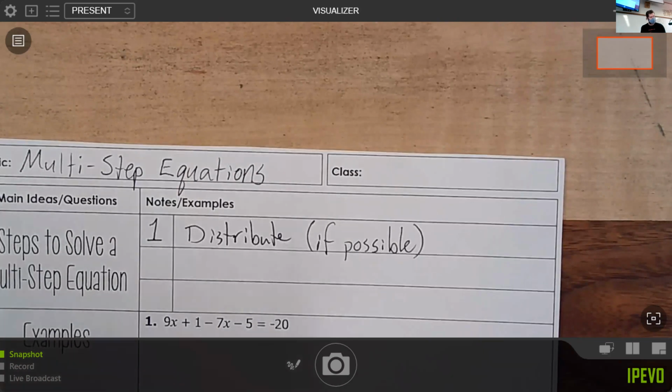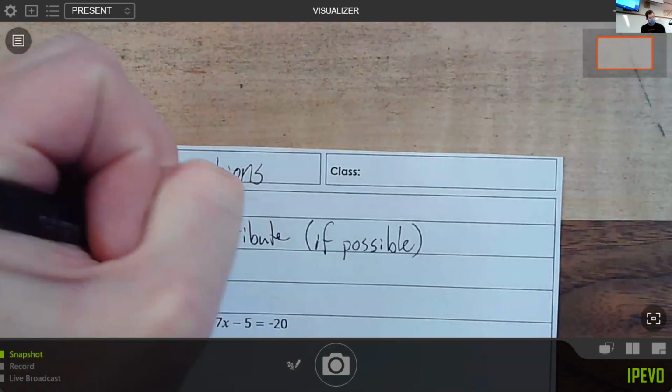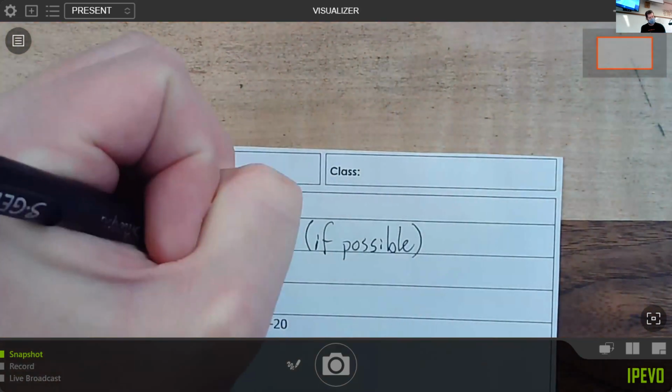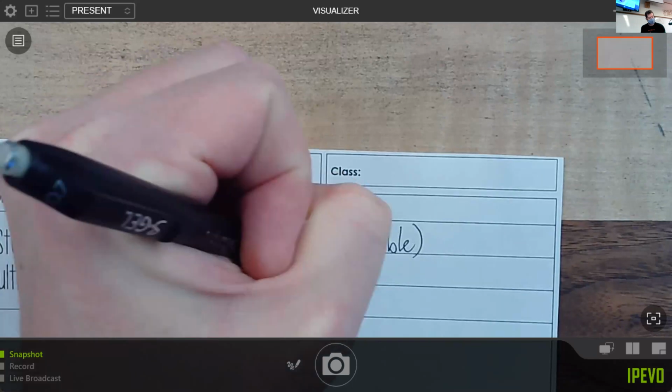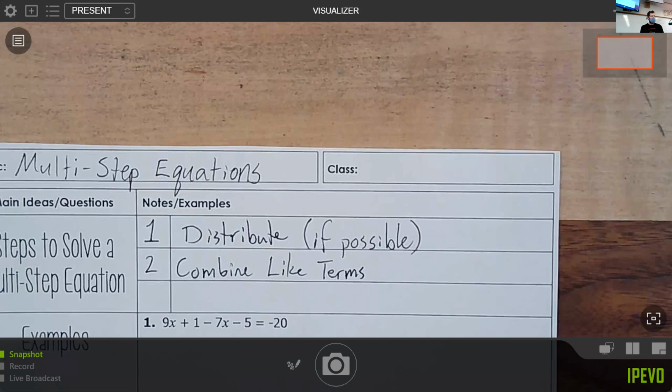After that, step 2 is to combine like terms. So we'll go ahead and combine our like terms. Once we've distributed, if we can, like on number 1, there's no distributive property that can be used there at all. So we're going to end up starting by combining like terms.